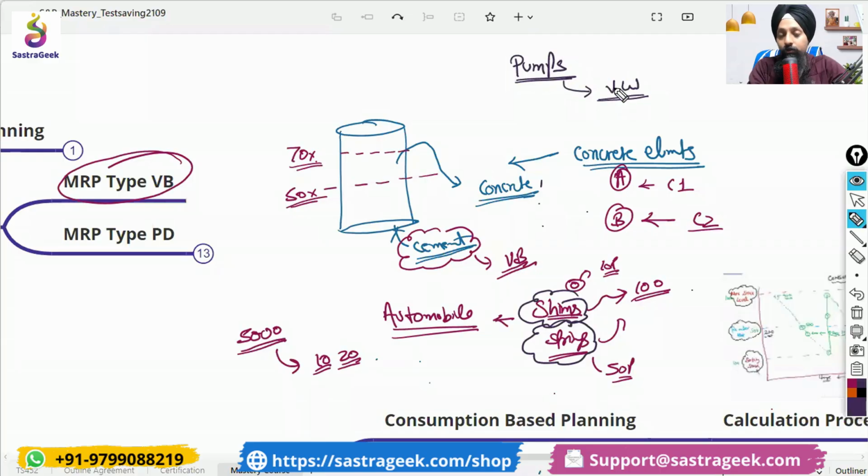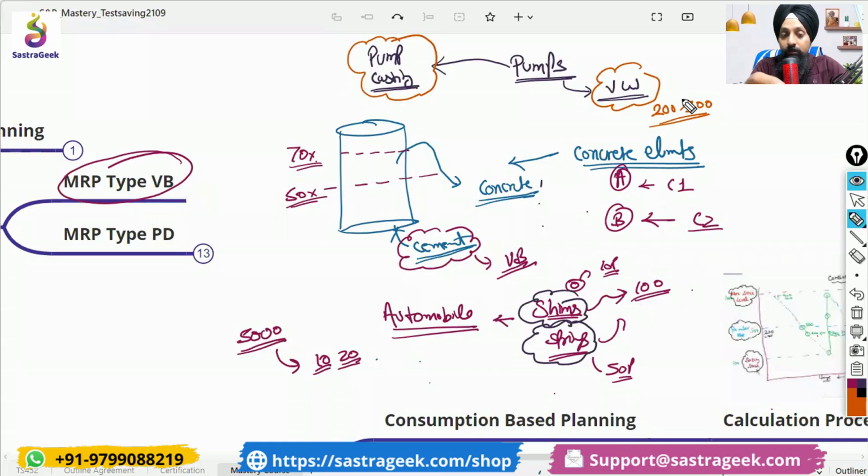For the pumps which we are producing for VW, we need a pump casting. Now, this pump casting can only be used for this VW product, which is my export one. And on a monthly basis, I give 200 to 300 orders to VW, right? So this pump casting is expensive.